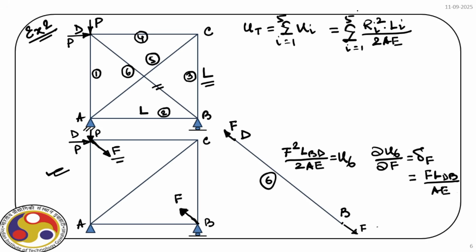Then we get the total strain energy stored in this structure. Now obviously, if we differentiate U total with respect to the unknown force F, then what we get? We get delta F, right? So in other words, we can write this is equal to minus F L DB divided by AE.